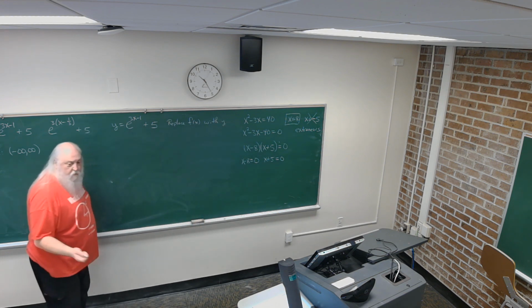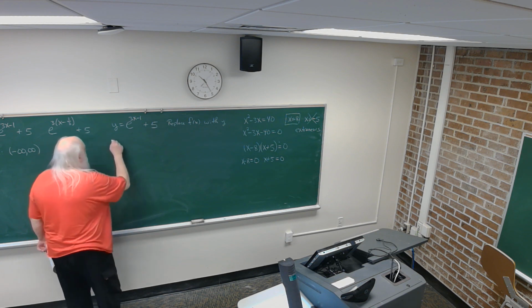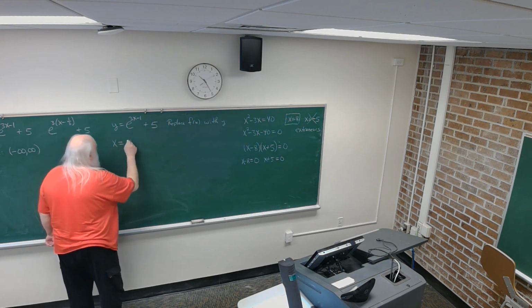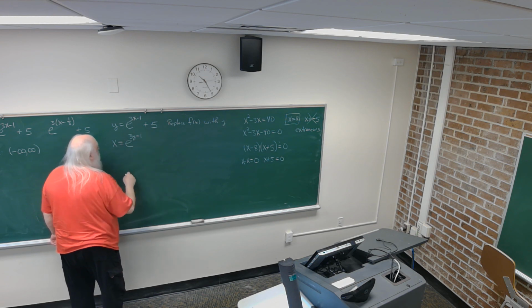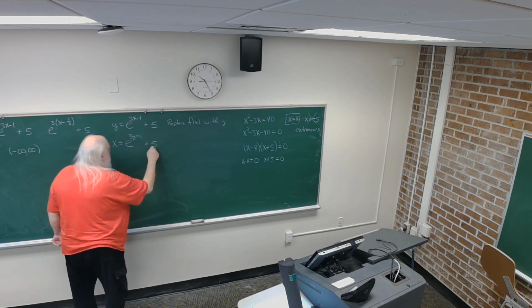Step number 2, switch x and y. So x is equal to e raised to the 3y minus 1 power plus 5.